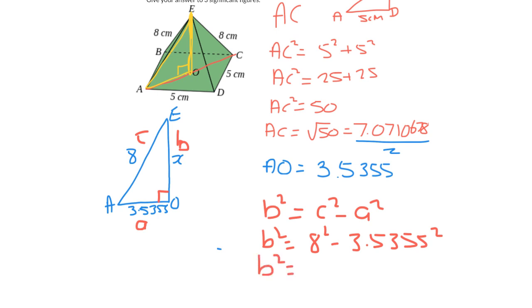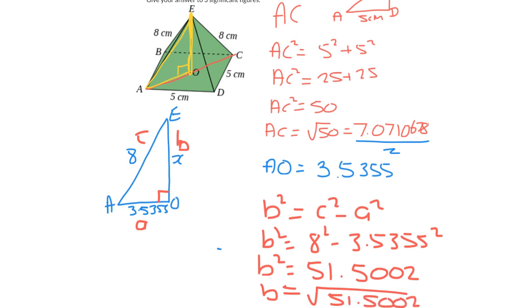So B squared would equal 51.5002. So B would be the square root of that, which will give me 7.17 centimeters.